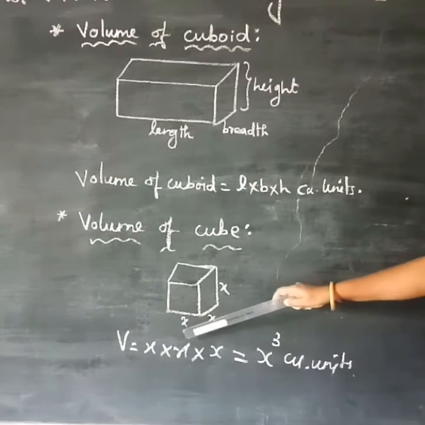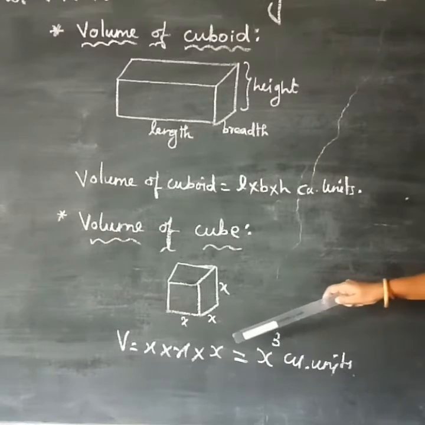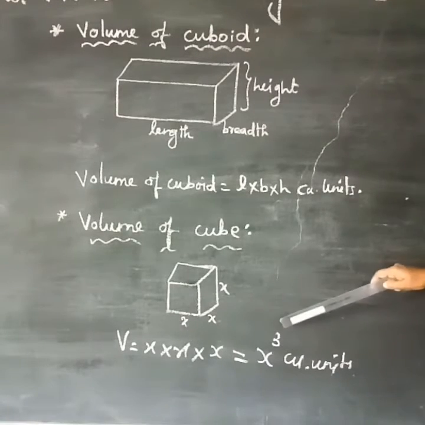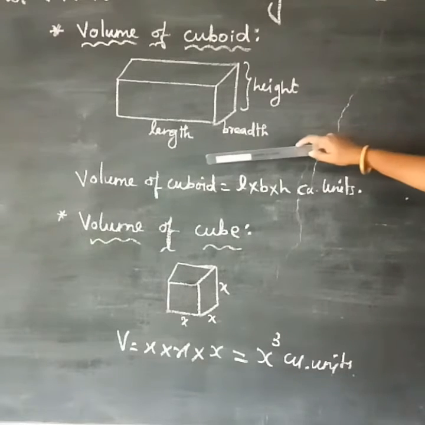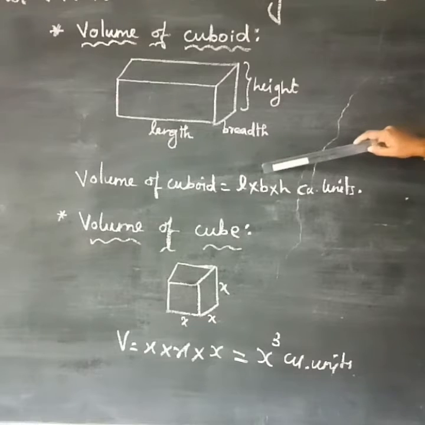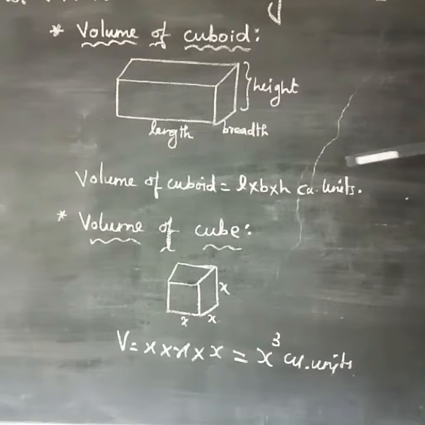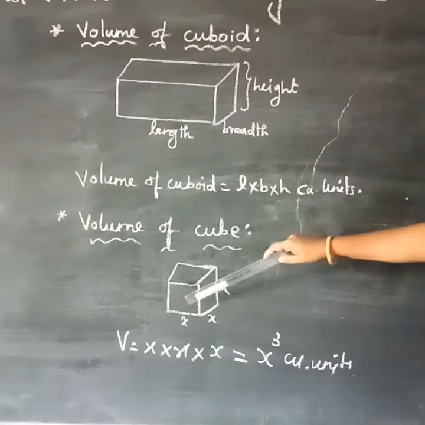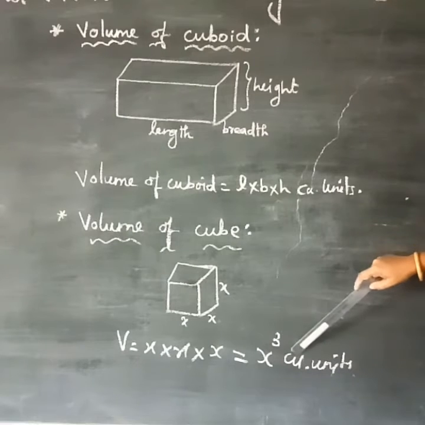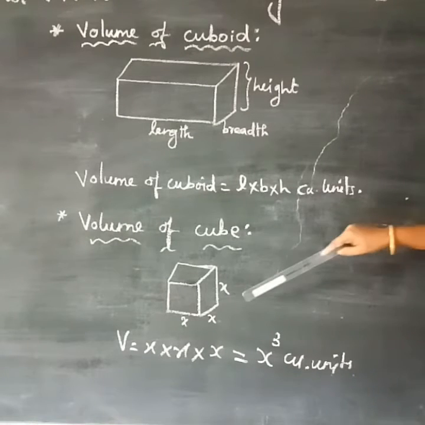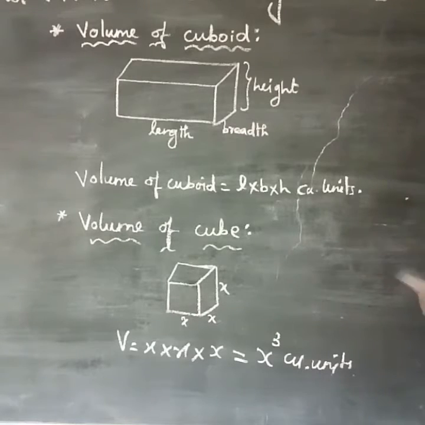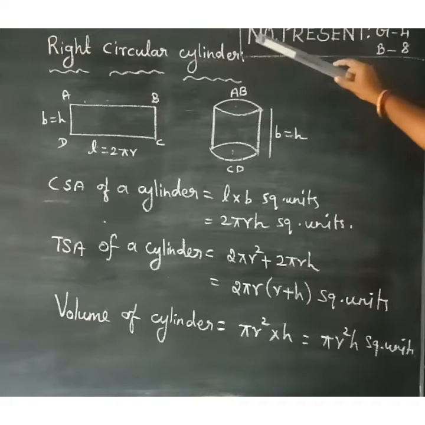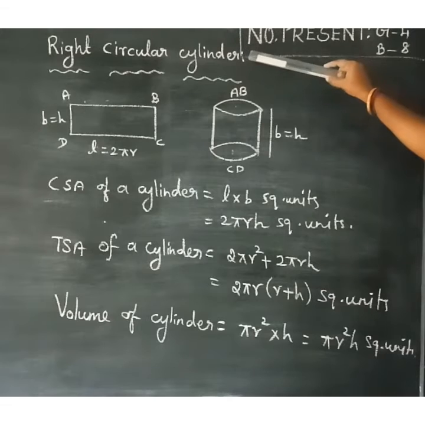So x into x into x equal to x cube cubic units. Volume of a cuboid, length into breadth into height cubic units. Volume of a cube, x cube cubic units. In this case, length equal to breadth equal to height.